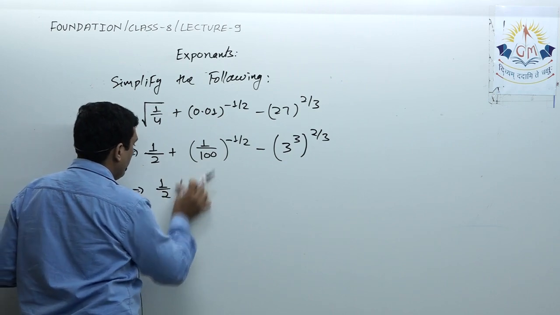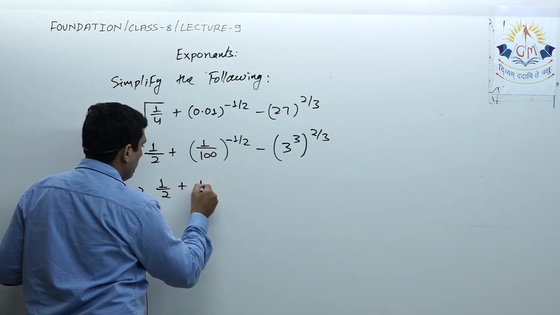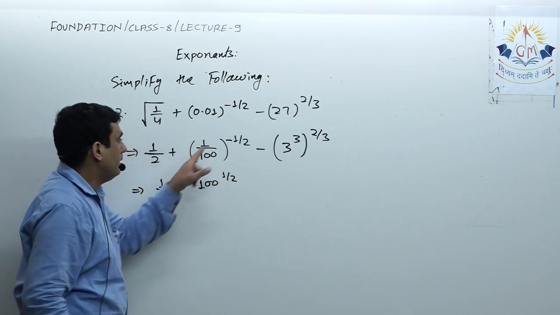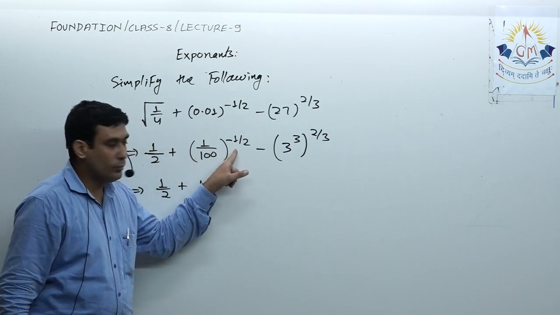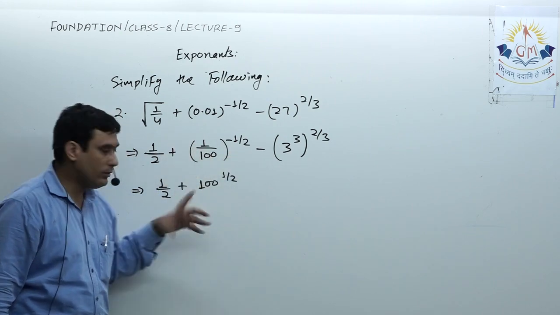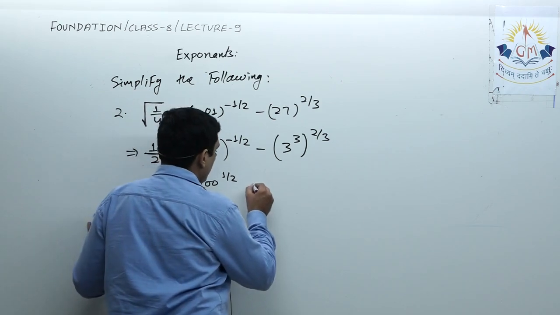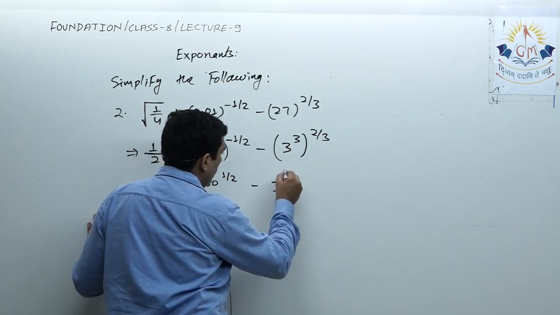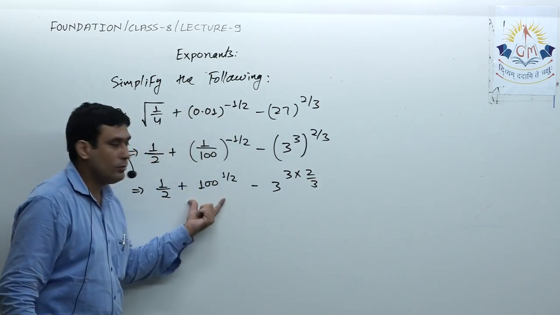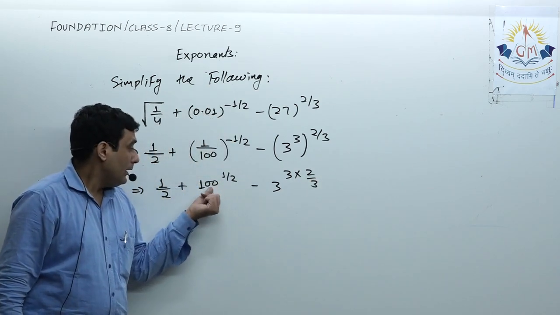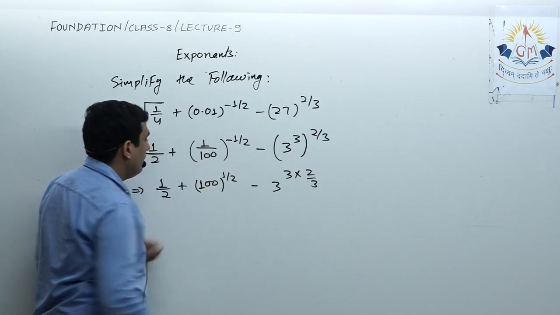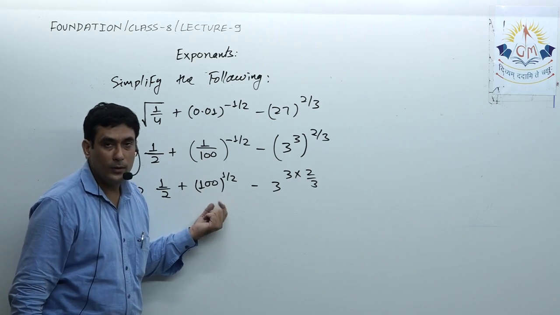Now over here I will make this power positive, so I write 100 raised to 1 by 2. Okay, x upon y raised to minus m is equal to y upon x raised to m. So 100 upon 1 is actually 100 only, raised to 1 by 2, minus 3 raised to 3 multiplied by 2 by 3. Now here again two ways are there. See, 100 raised to 1 by 2 means root 100, and root 100 is 10.